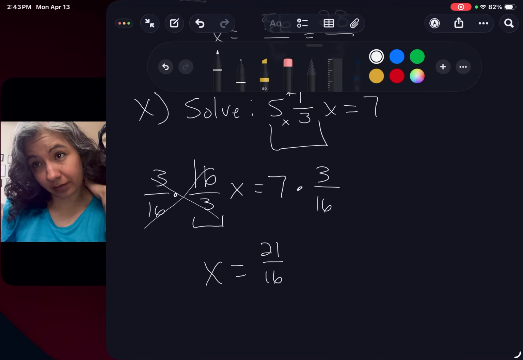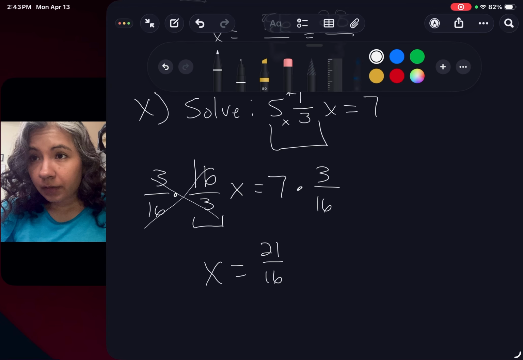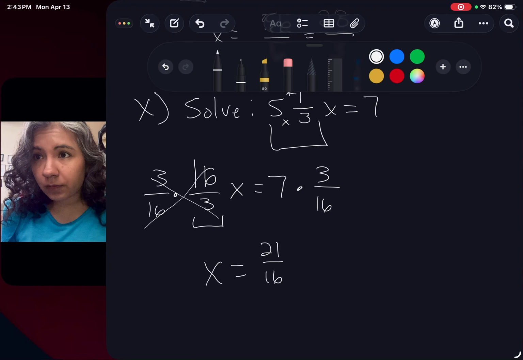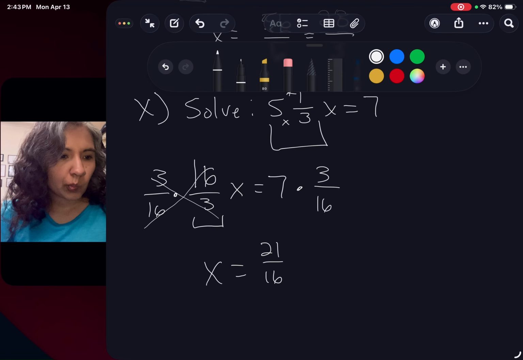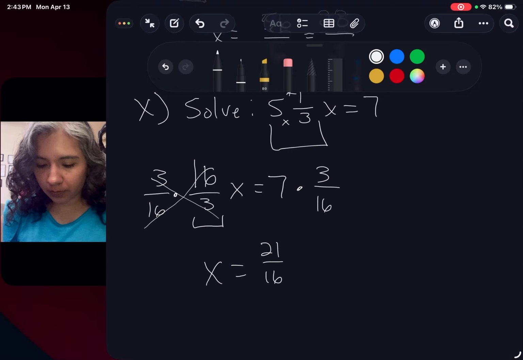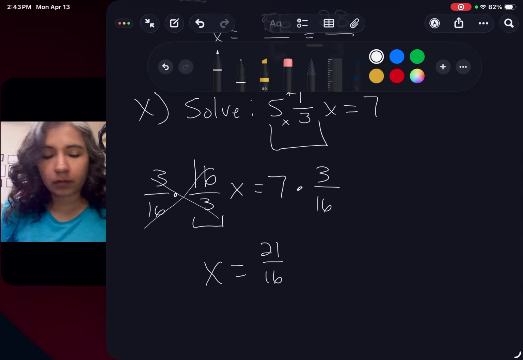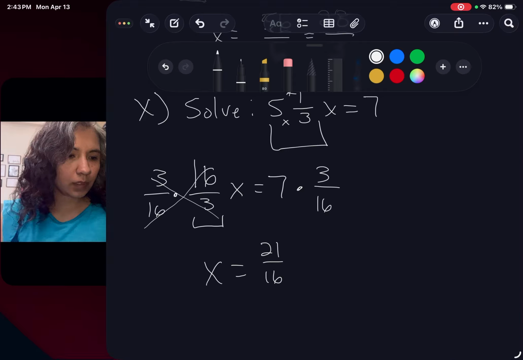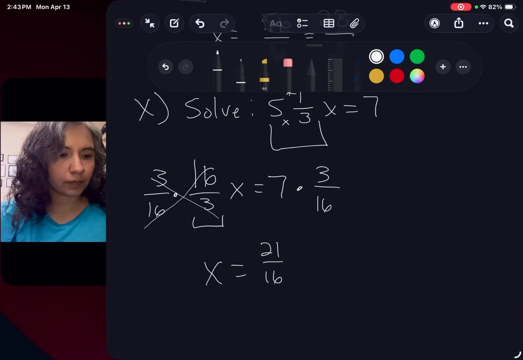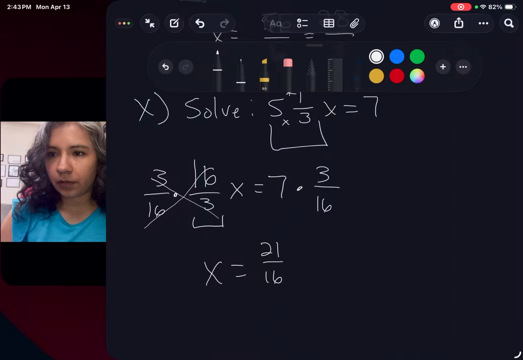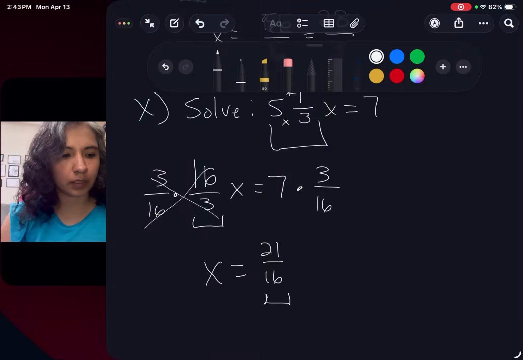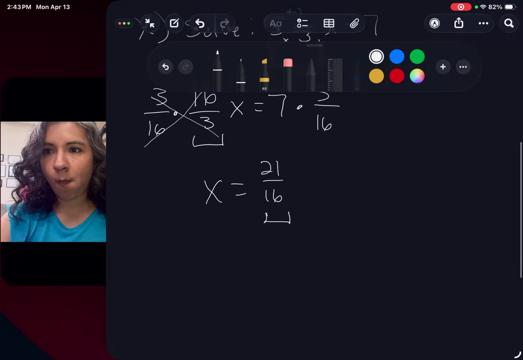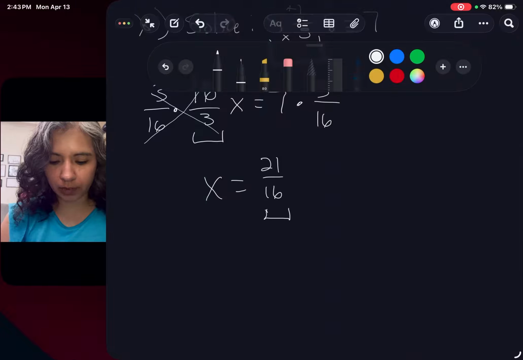And let me make sure I did this right. 15 plus 1 is 16 over 3, right, and then 7 times 3 is 21. Okay, so usually we'll leave this as the answer unless we can simplify it. But sometimes we'll need to put it in decimal form.